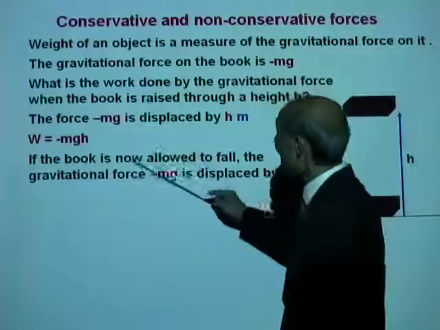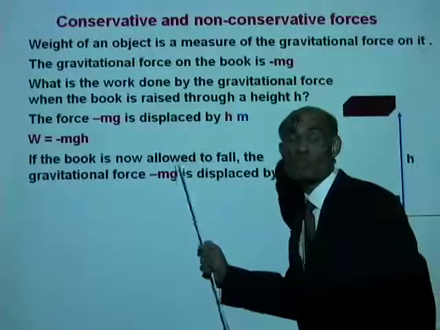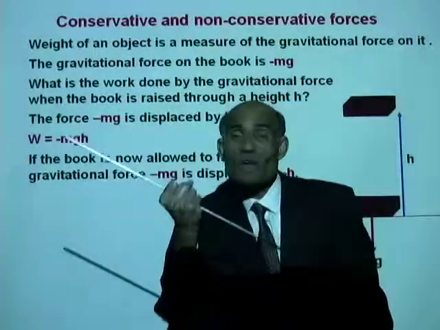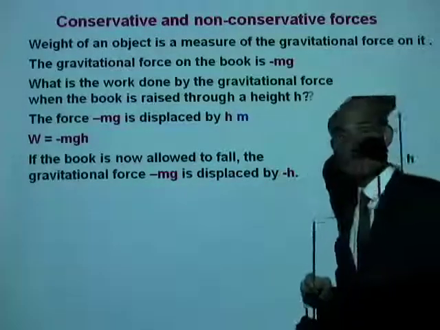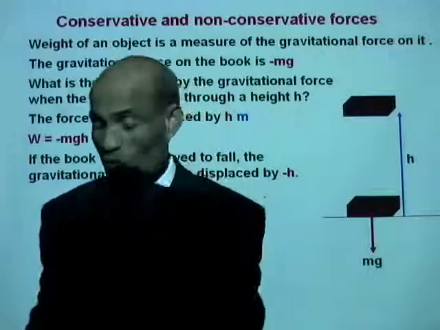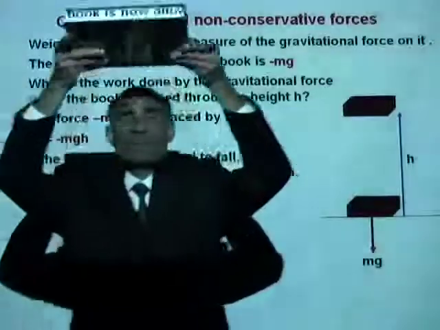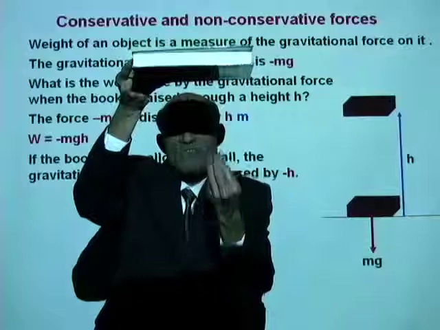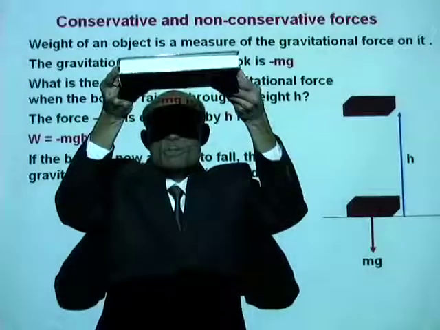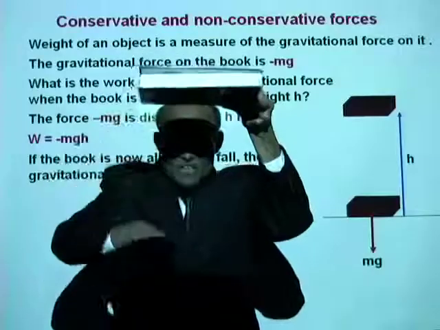Now, if you allow the book to fall, this gravitational force, negative mg, will be displaced by negative h. Is that right? Yes. When the book is now allowed to fall, well, here is my book. If now the book is allowed to fall, this negative mg is going to be displaced through a distance negative h.